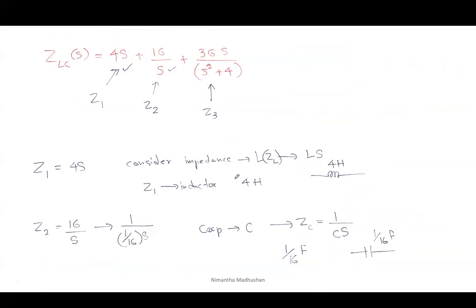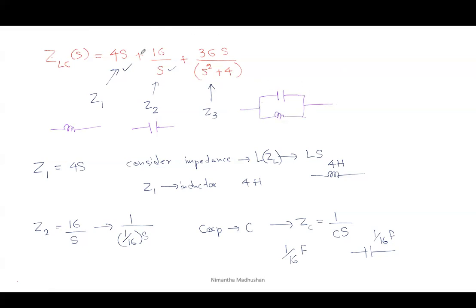Then when we consider total impedance, it is the combination of Z1, Z2 and Z3. Z1 is the inductor, Z2 is the capacitor, and Z3 is the parallel connected capacitor and inductor.